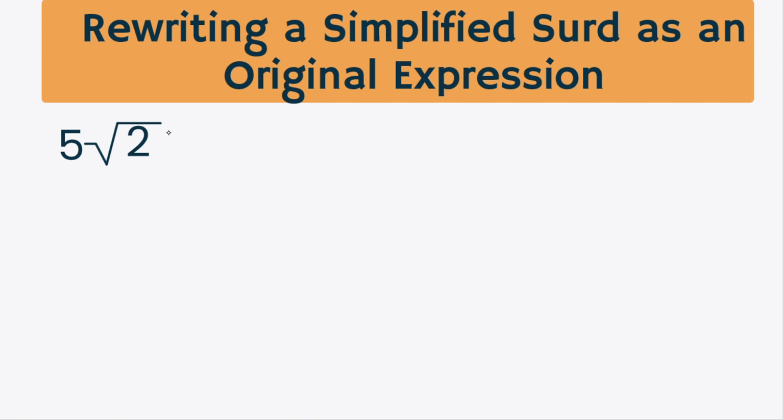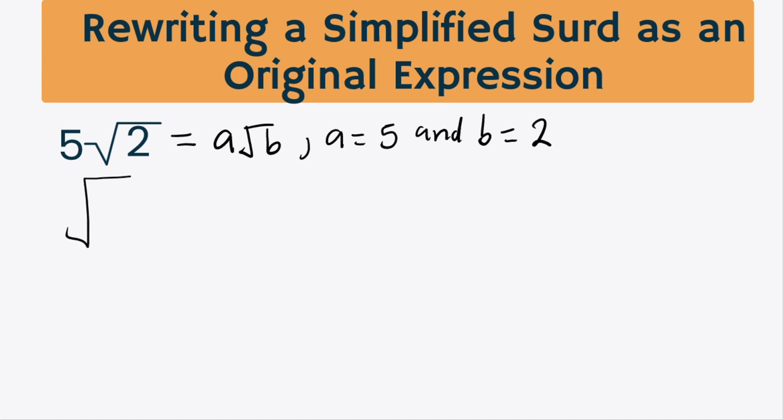So let's say that this expression is the same as a root b, right? Where a is equal to 5, and then b is equal to 2. So how do I change this to its original form that actually gave us 5 root 2? And the general formula is the square root of a squared times b.